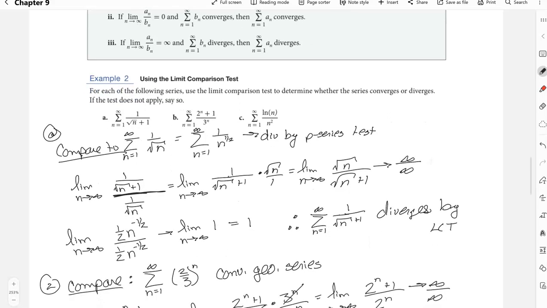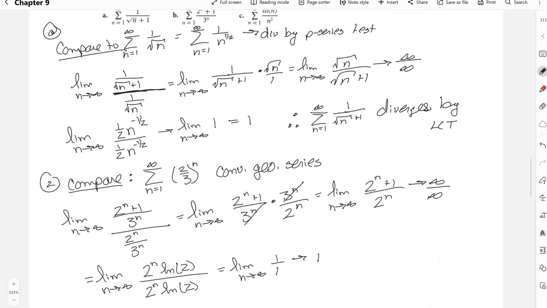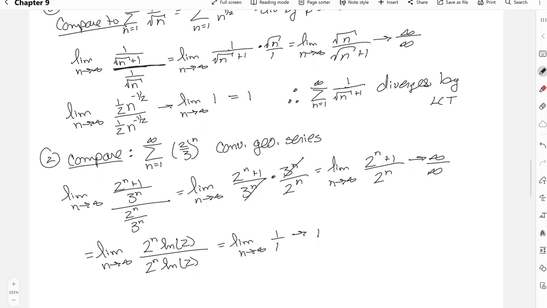They either both converge or both diverge. Since the first one converges, the original is going to converge also. So we're going to say, therefore, the series from n equals 1 to infinity of 2 to the n plus 1 over 3 to the n converges by limit comparison test, LCT.